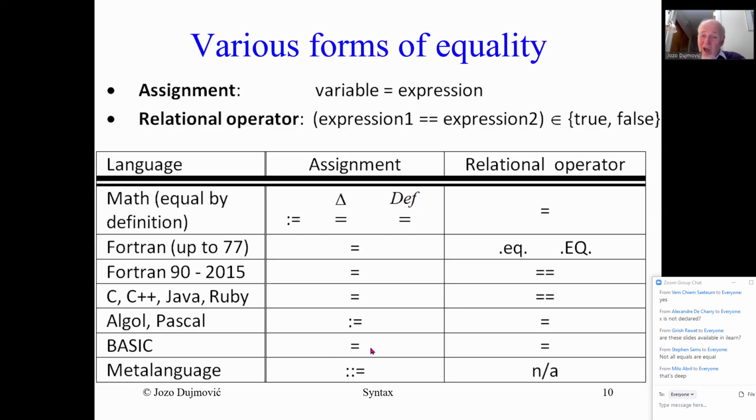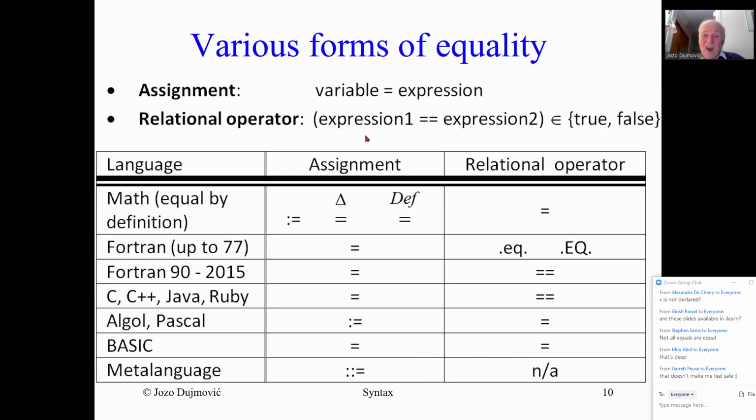So if A equals 3, this is not assignment. It is part of the if statement, and therefore inside is something that must be a relational operator. But if I say X equals 3 times A, then this is assignment. This is not a relational operator. So they use the same symbol, and then the compiler decides what it is. So this is also possible.